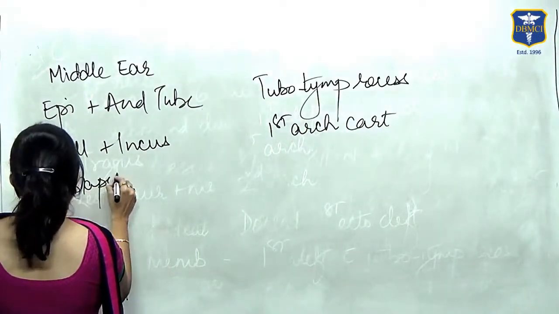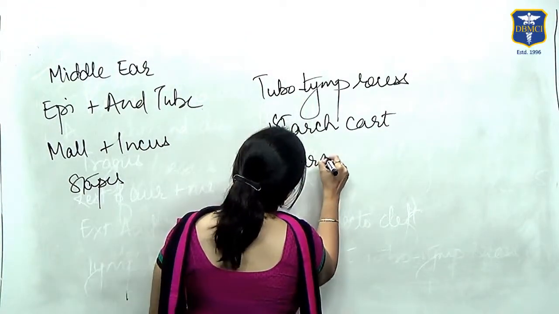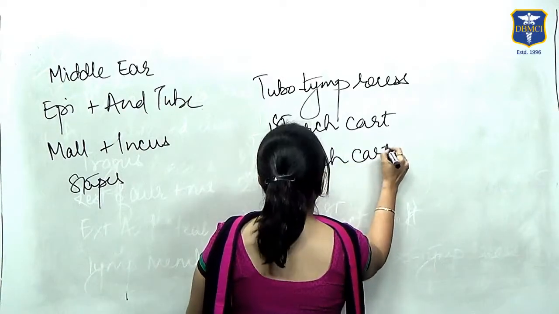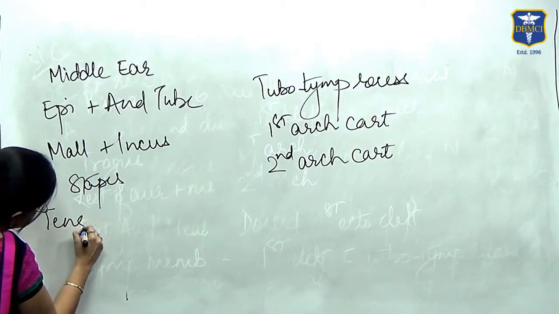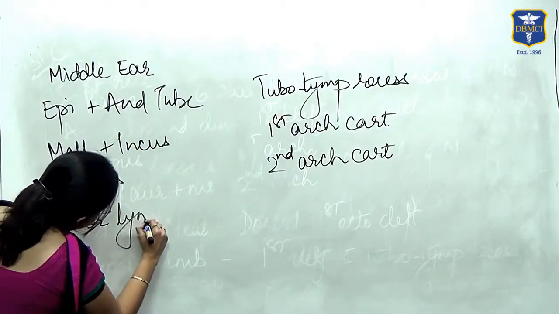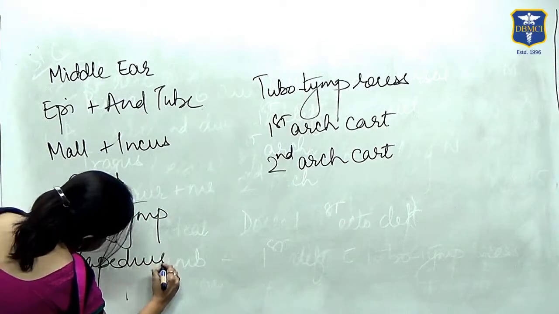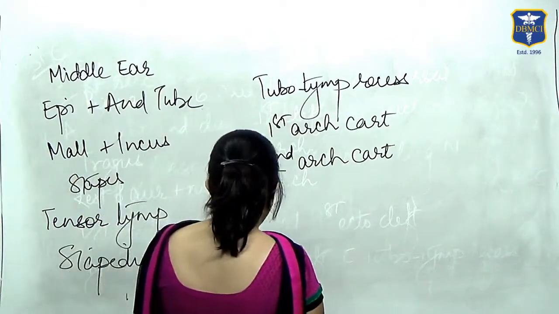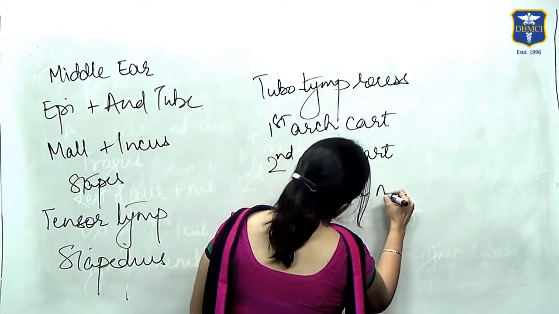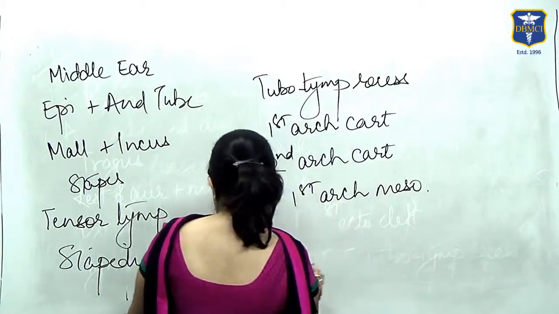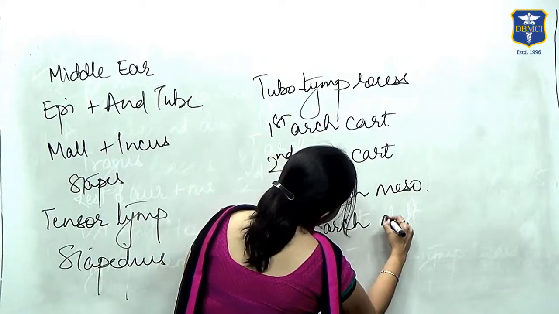Stapes develops from the second arch cartilage. The middle ear has 2 muscles, tensor tympani and stapedius. The tensor tympani develops from the mesoderm of first arch, whereas the stapedius develops from the second arch mesoderm.